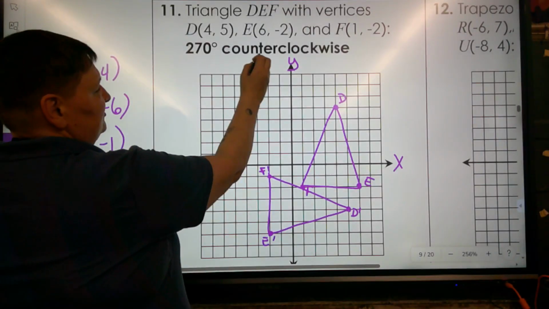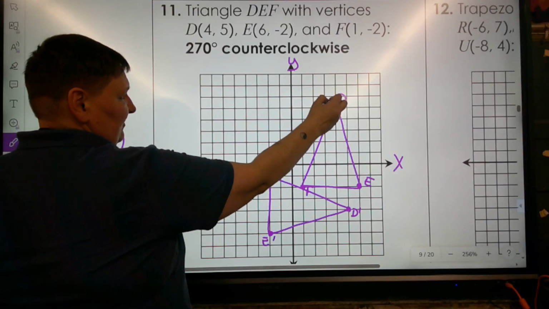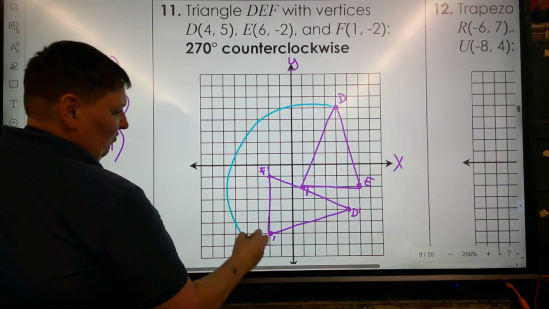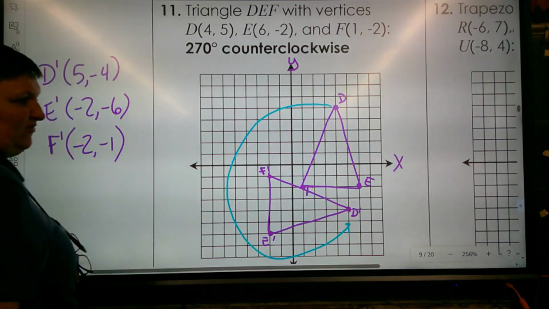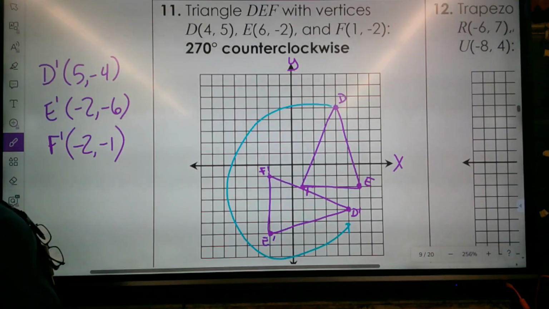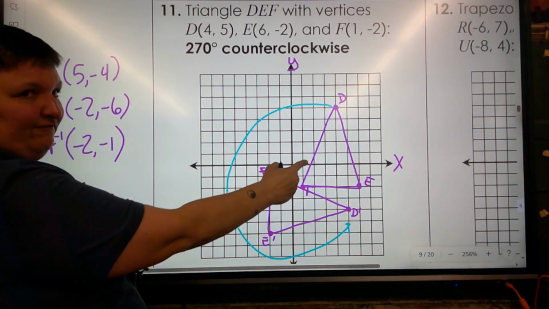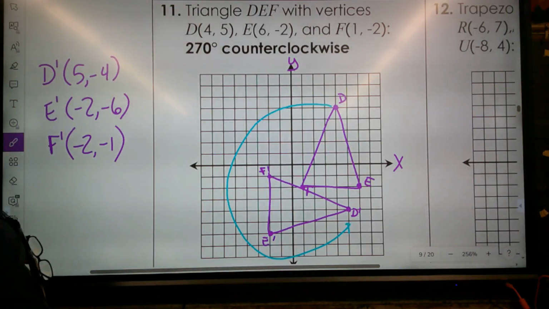Right? 270 degrees counterclockwise. Yep, that looks right to me. It's more than half a circle, but not a full circle. 270 seems about right.